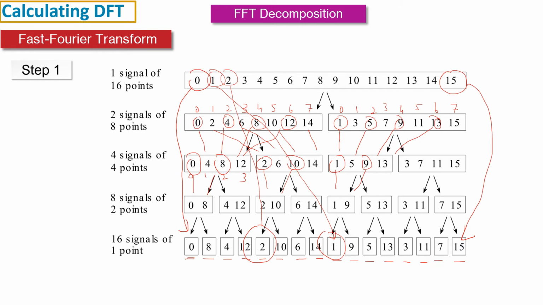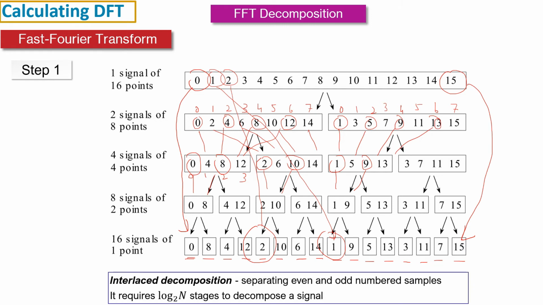This type of decomposition is called interlaced decomposition, okay, and the number of stages which are required to get a 1 point signal from a given signal depends on the number of samples, and it can be found out by this formula, log base 2 N. Here capital N is the number of samples.